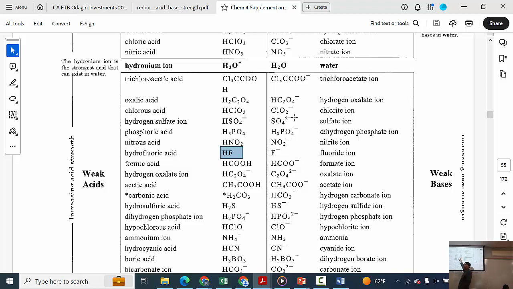Yes or no? It turns out no, it doesn't. Will HF react with nitride ion? It turns out no. It's because they're both weak. Bicarbonate's weak too. Will HF react with bicarbonate?